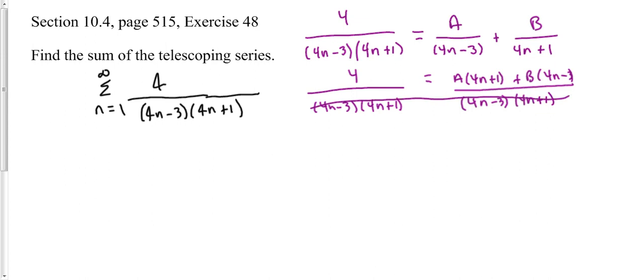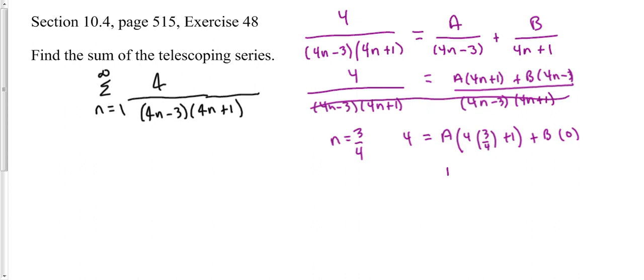Then when we're trying to figure out what A and B are, we choose values for n that are going to make the math simpler. So I'm going to start off by choosing n equal to 3/4. So I'm going to have 4 equals A times (4 times 3/4 plus 1) plus B times effectively 0.